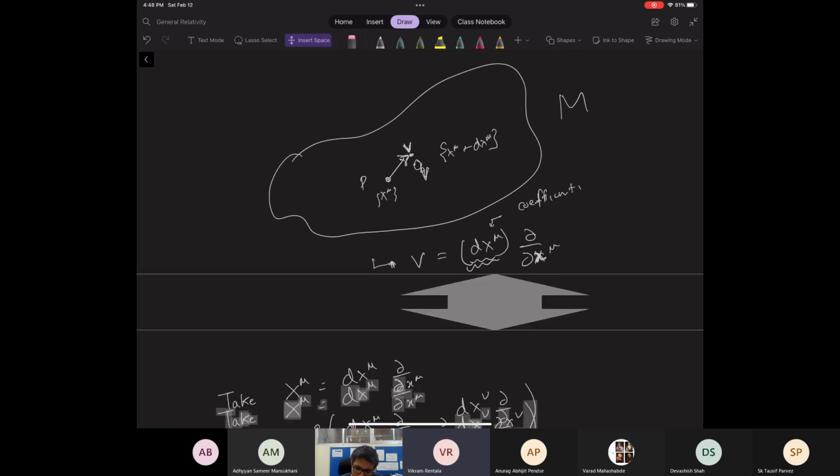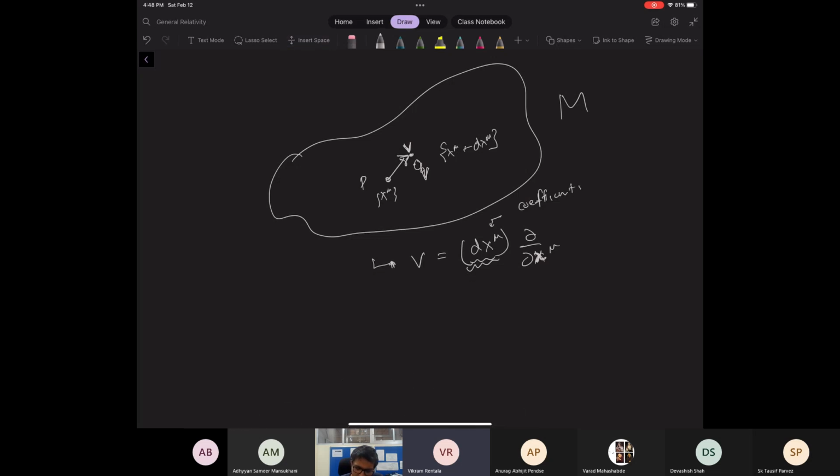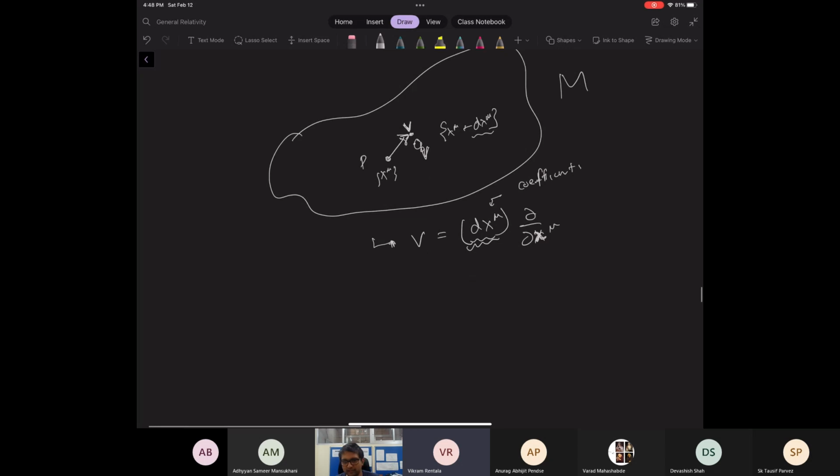Now this is just telling you how much the coordinate has changed. But as we've seen, a change of coordinate does not tell you what the distance is that you have traveled in going from this point to this point. But once you have a metric, you will be able to define a distance associated with this displacement.